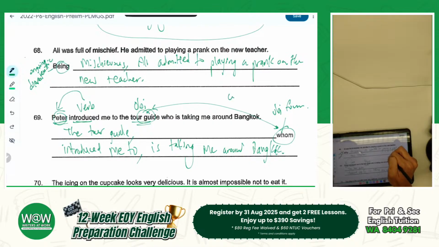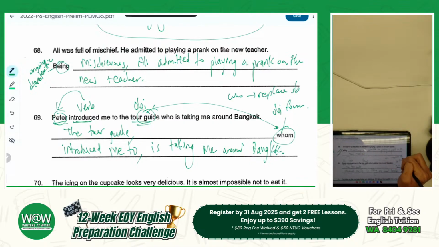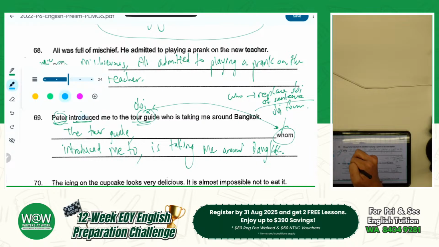When it's who, then we are trying to replace the subject of the sentence. Okay, I'm going into a bit of grammar MCQ here now. So we need to identify subject and object of sentences when we do grammar questions. Now, how do we know which is what? It's simple. We always identify the verb first.